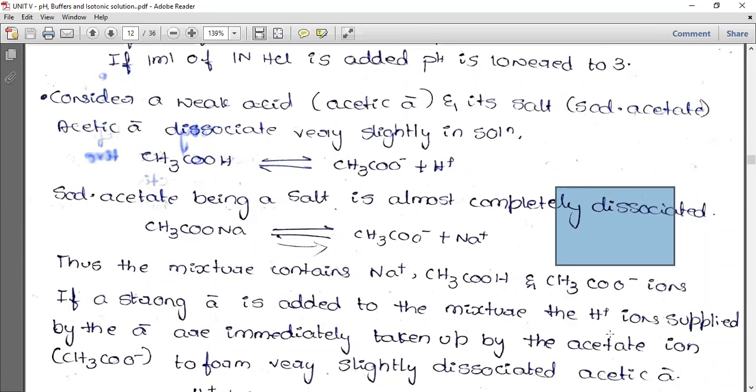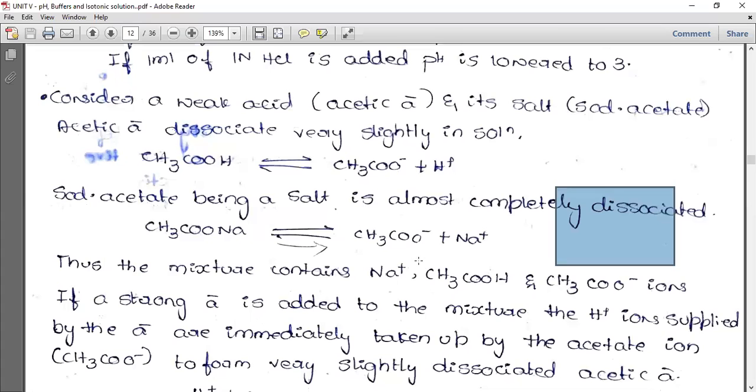Whatever H plus ions are given by the strong acid, if a buffer is present, how these two mixture act as a buffer, I'm explaining. So if an acid is added which will give H plus ion to this particular mixture, this H plus given by the acid is taken up by the acetate ion which is present. Whatever H plus ion is given by the acid is taken up immediately by this acetate ion.